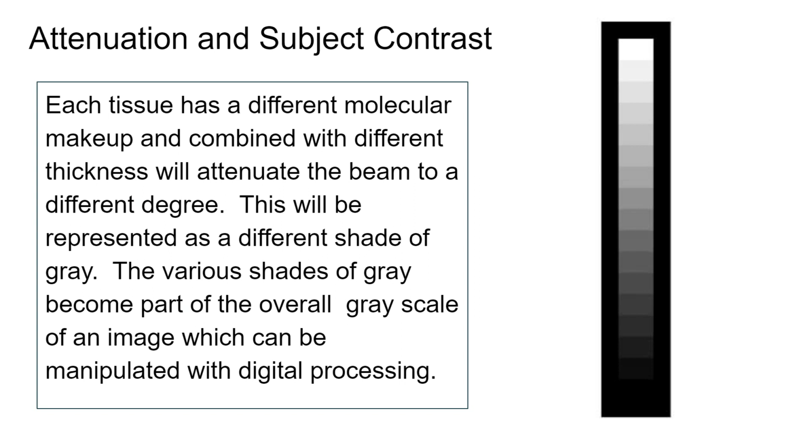If I have fewer grays, I would have a short scale. A short scale contrast, fewer grays, more black and white, gives you higher contrast. So short scale and high contrast go together. Long scale and low contrast, just remember L with L, go together.